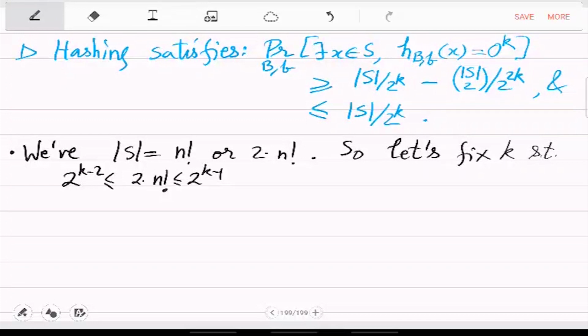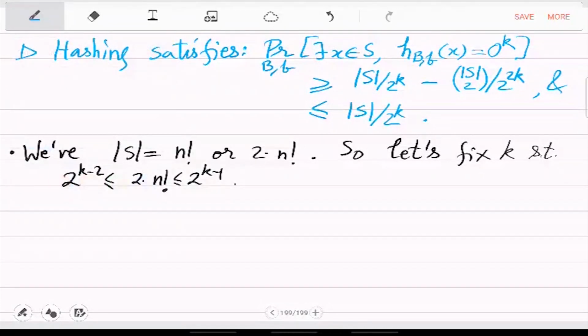Okay, so basically k is like log of an upper bound on size of S. Let's fix k to be that. So the image of the hash function, this 2 raised to k, is actually doubly more than the upper bound for S. Okay, so we are mapping S to a slightly bigger domain.